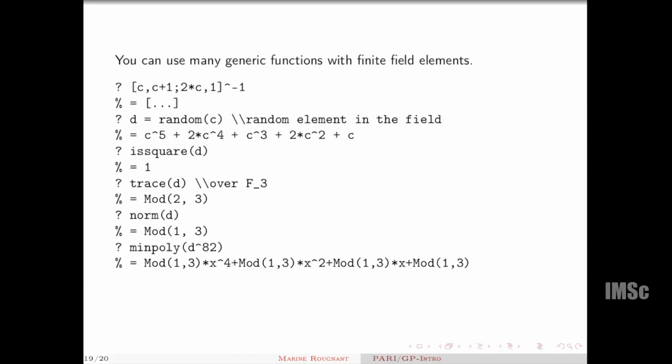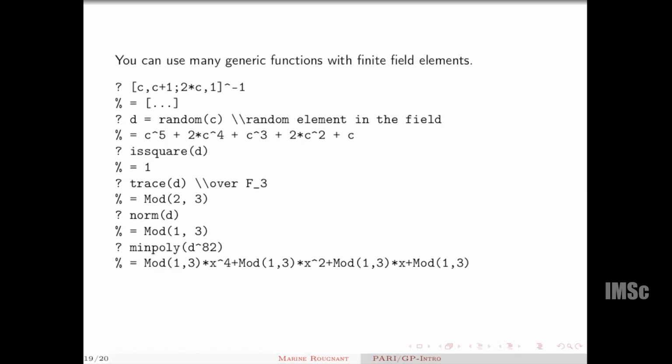You can ask if something is a square or not. So D, remember, it was C to 9 plus 1. It's a square. You can ask for the trace of an element. You can ask for the norm also. You can ask for a minimum polynomial, given as a polynomial with coefficients in F3, because we are in F3 to the power of something, 5 I guess.